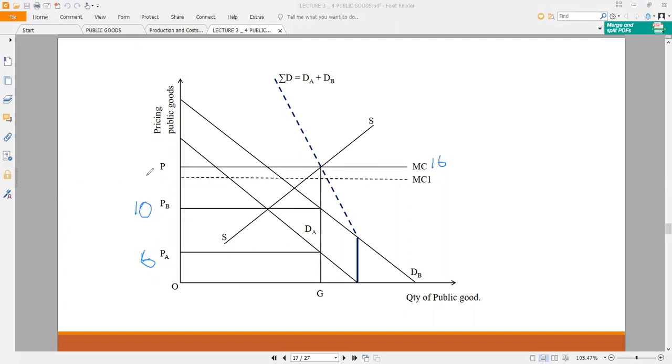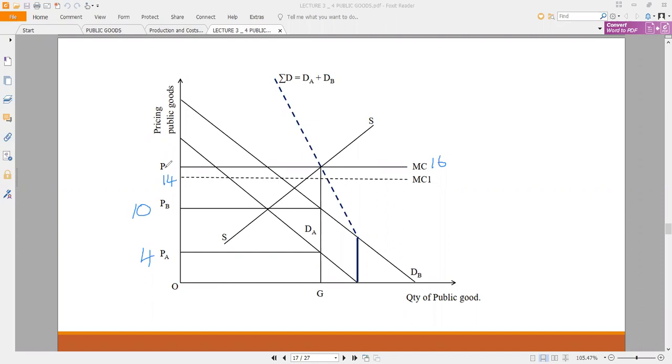So when we add these two, we get 16, which will be exactly equal to the marginal cost. When it happens like this, fine, we can produce the service. But what if Bob was only willing to pay $4, and then Andy was willing to pay 10? Then we'll have 14, which will correspond to this dotted line, and that will be lower than the marginal cost that is required to produce the good.